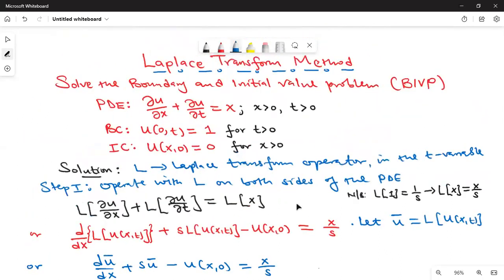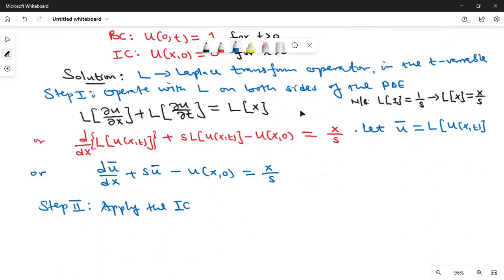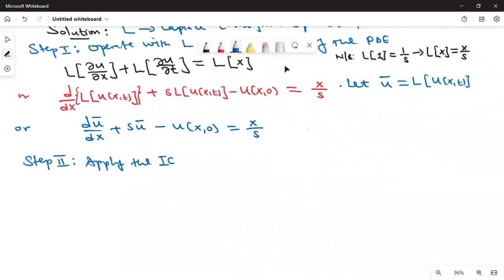We are told u of x, 0 is equal to 0. So that's what we apply. u of x, 0 is equal to 0. So this means the value here will be equal to 0.